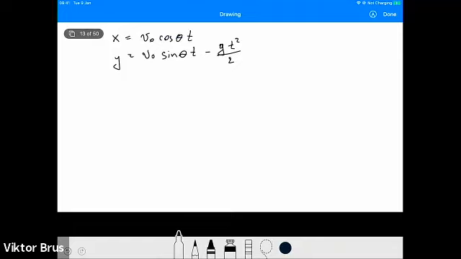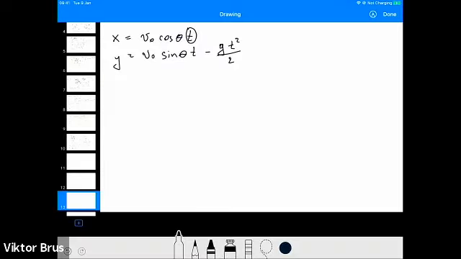In order to get the equation for the trajectory of this body, we need to get rid of time. We did something similar before, but let's do this specifically for this case of projectile motion. So we define time as a function of x. It was different before because we defined time as a function of velocity and then substituted for the position. And that was a relationship between our position and the change in position and change in velocity.